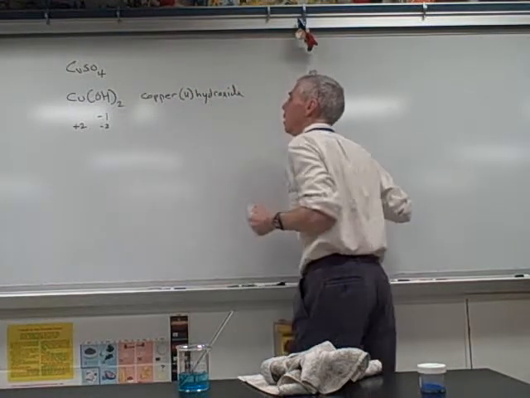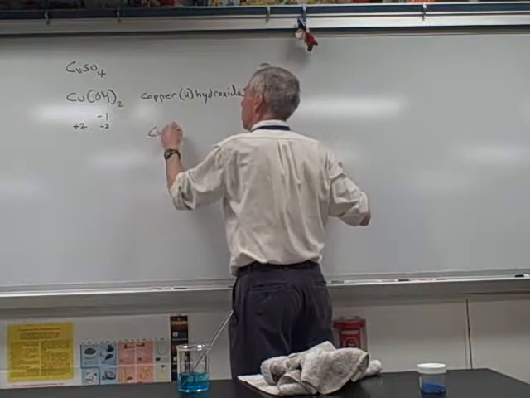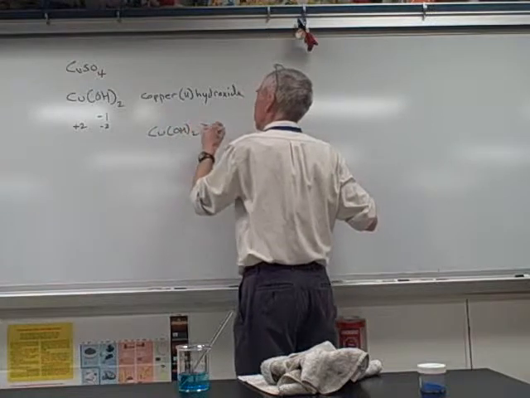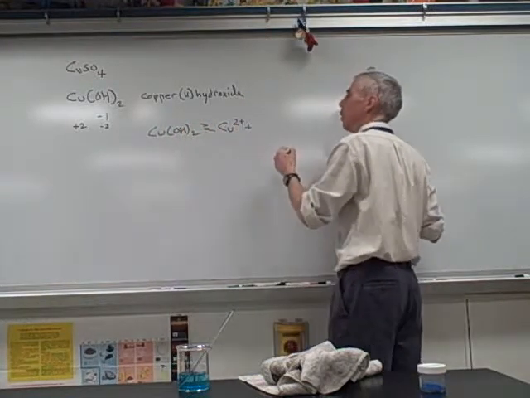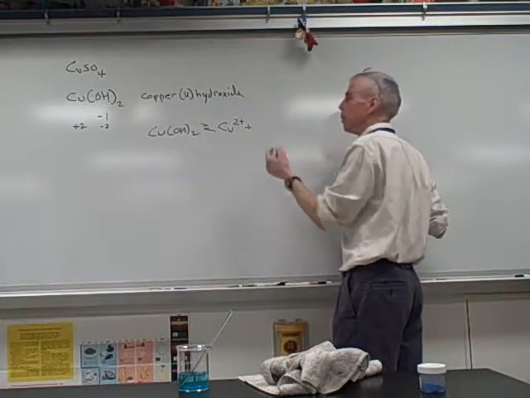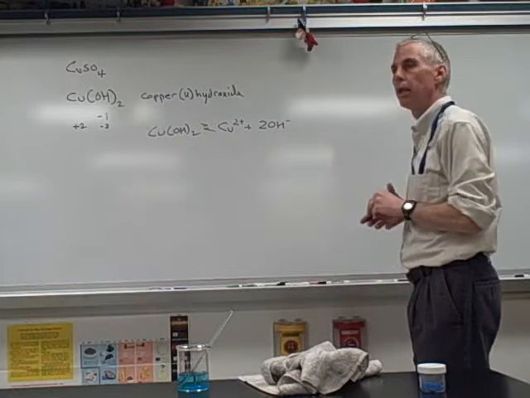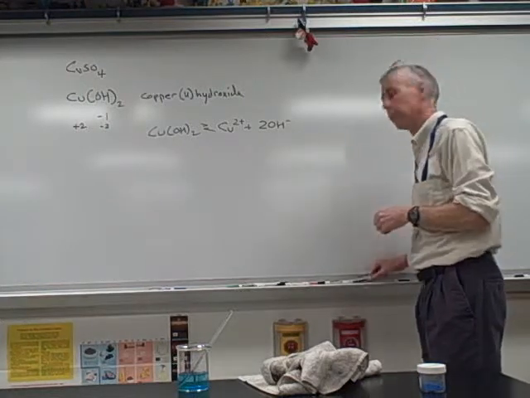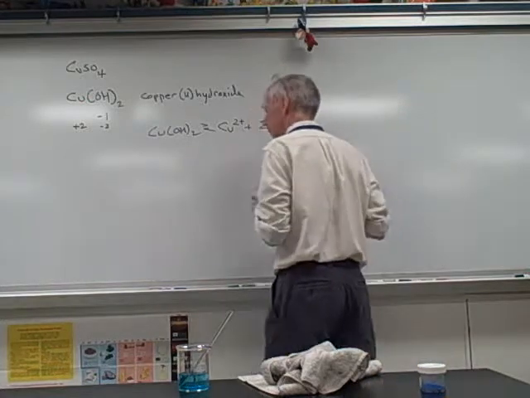All right, now it just gets slightly weirder. No big deal. Copper hydroxide. It's in equilibrium. We get copper ions. And how many hydroxides? 2. Right. Everybody okay with that? No magic. Right? Okay, now, what's the Ksp expression?